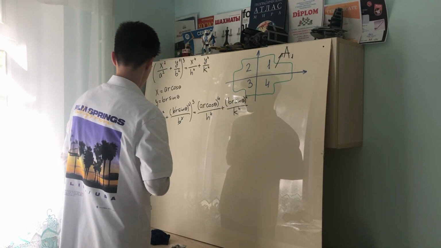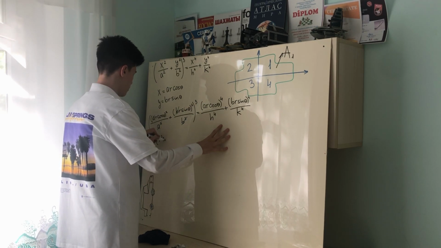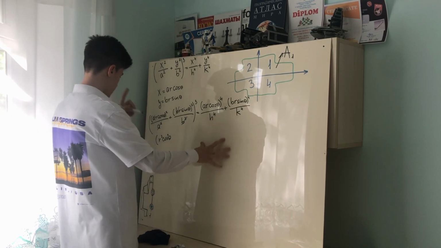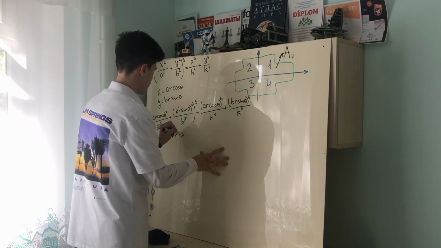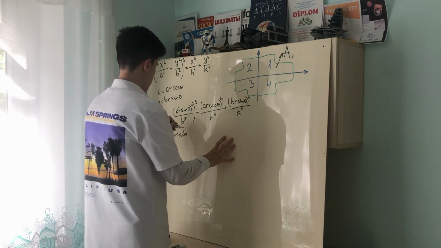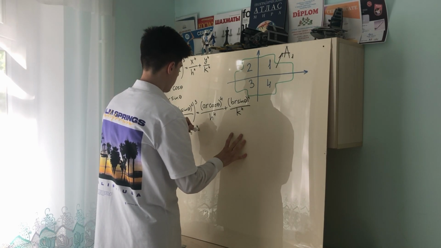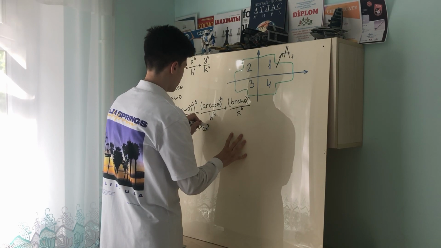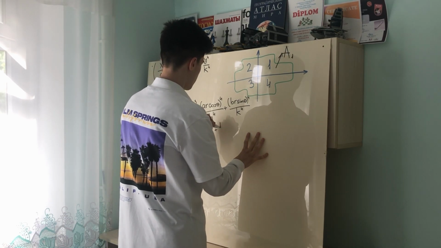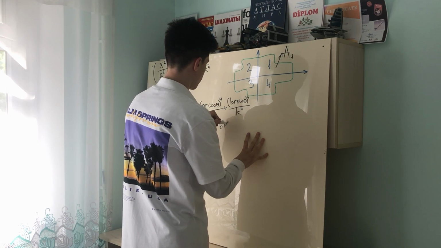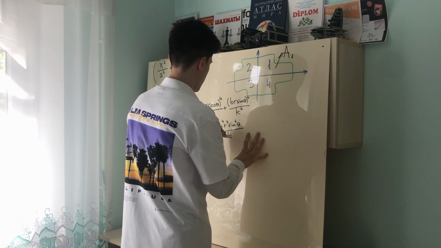So we will have (r squared cosine squared theta plus r squared sine squared theta) cubed, which is a to the 4 r to the 4 cosine to the 4 theta over h to the 4 plus b to the 4 r to the 4 sine to the 4 theta over k to the 4.